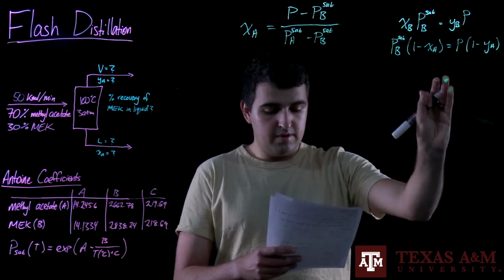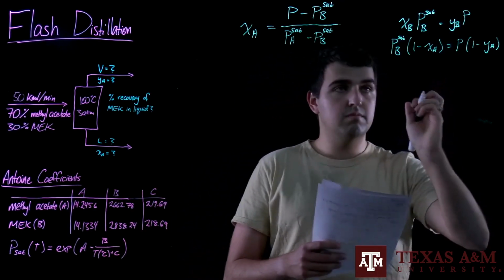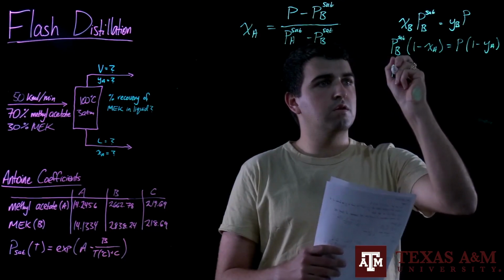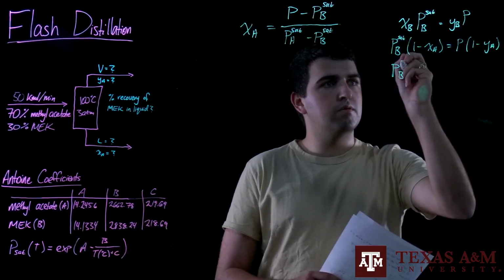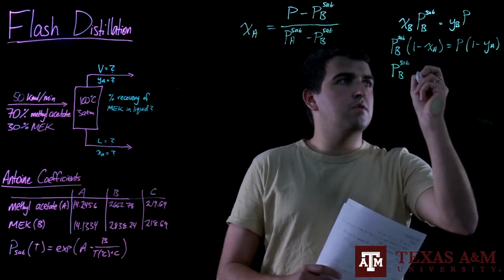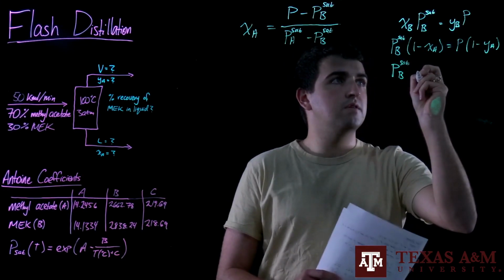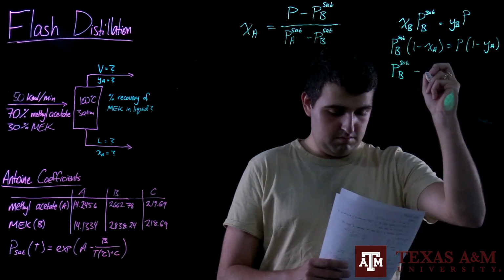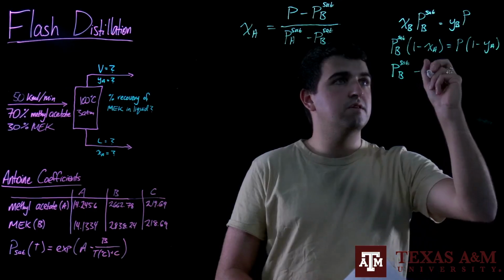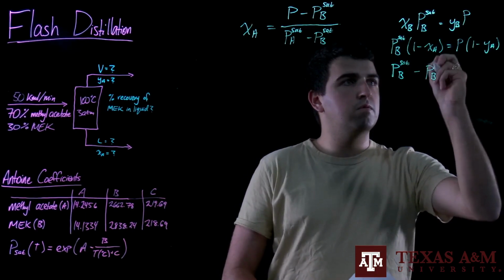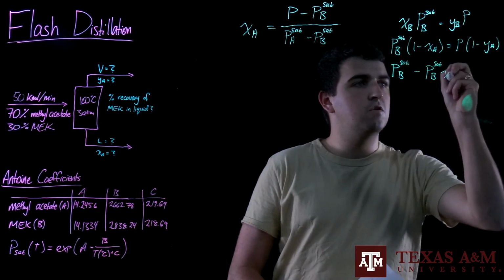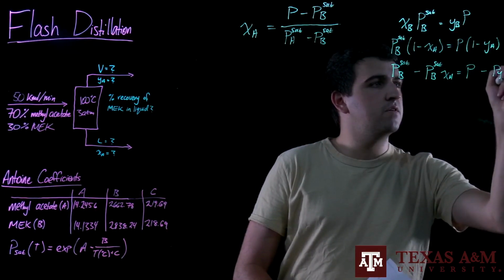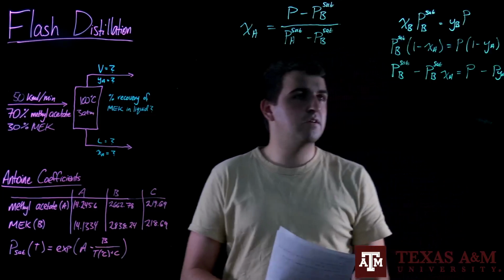We distribute through, and we get PB sat minus PB sat XA equals P minus P YA.